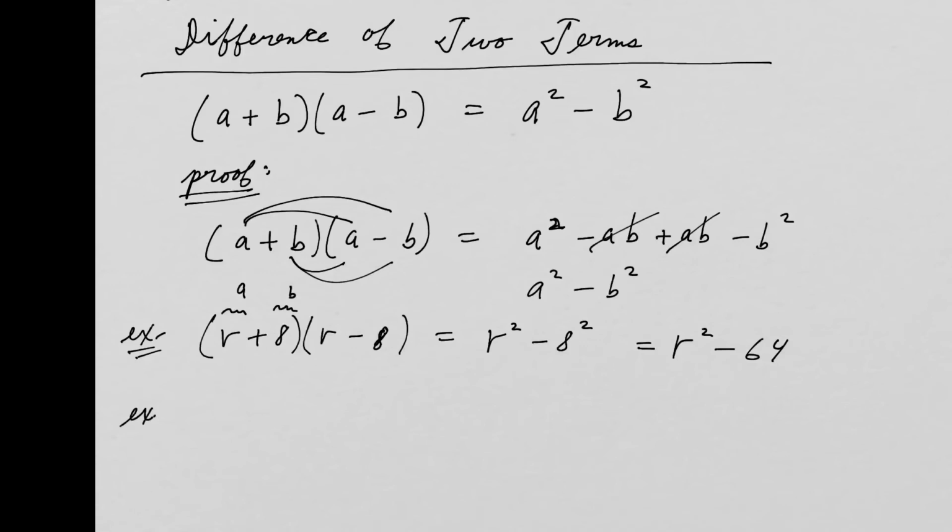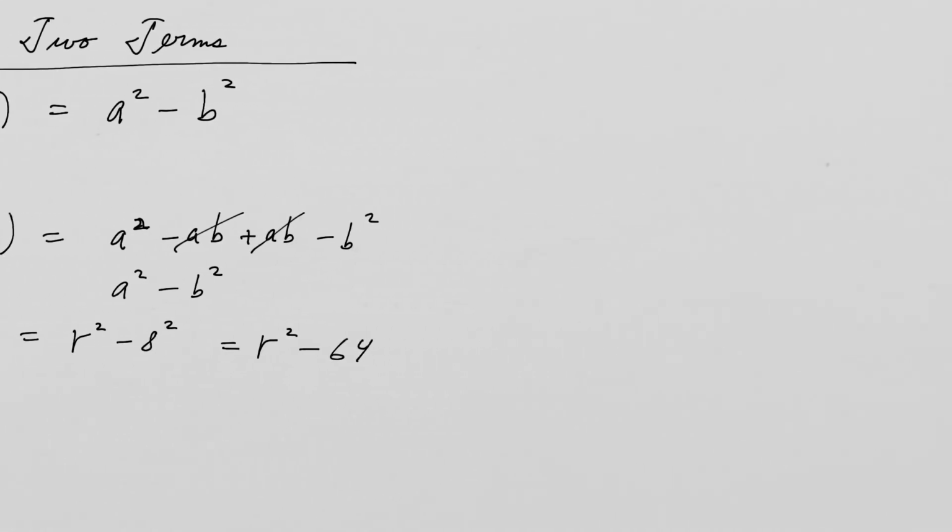Let's say I have m. It doesn't matter what order, right? Instead of a plus b times a minus b, I could also write a minus b times a plus b.